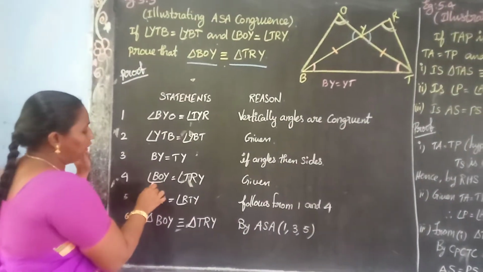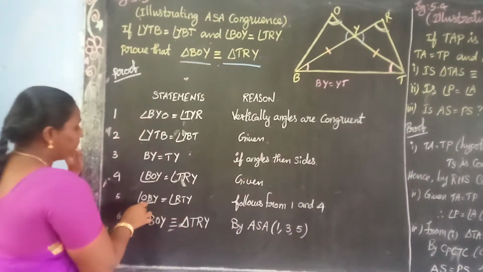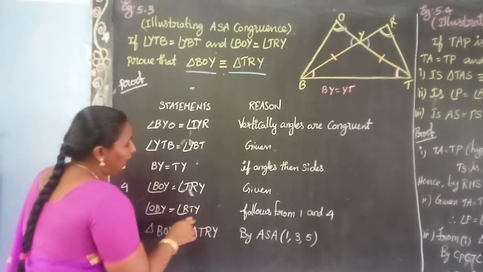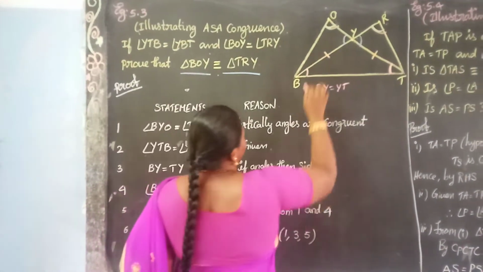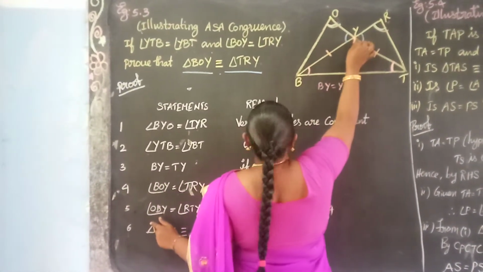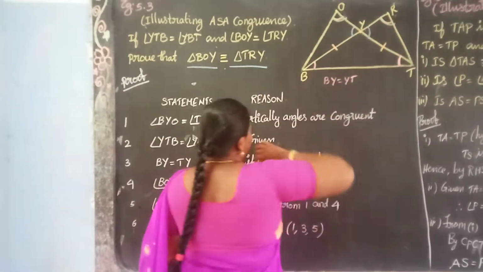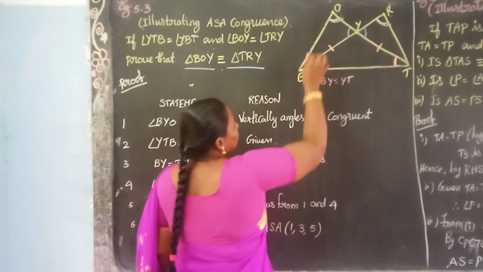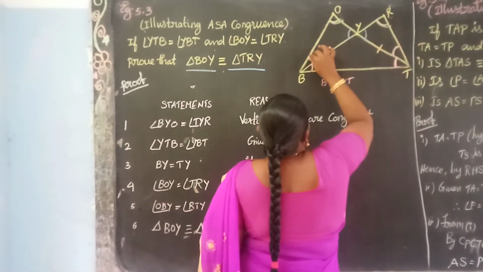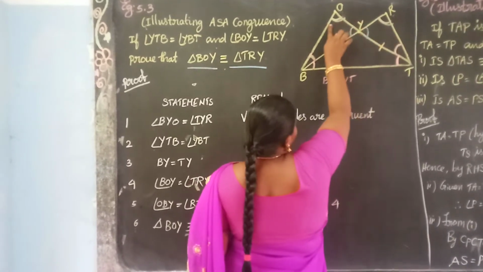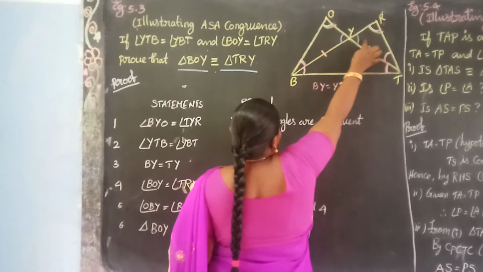Then angle BOY equals angle TRY, given in the sum itself. How are we getting angle OBY equal to angle RTY? Already two angles are equal, angle O and angle R, and the angles at Y are equal too.